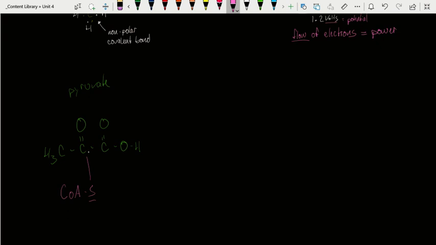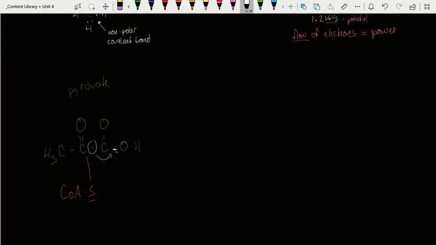Now watch what happens. Let's take these electrons here and swing them over here and put them right there. We've just broken that bond and moved those electrons to have it double bonded to oxygen. Again, this is a spontaneous thing simply because oxygen is more electronegative than carbon.